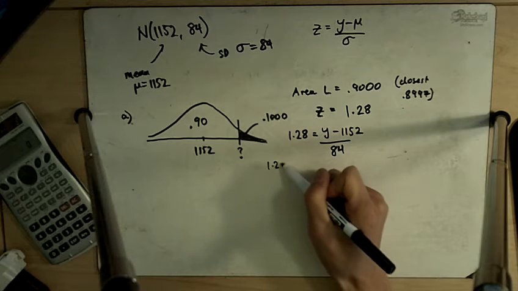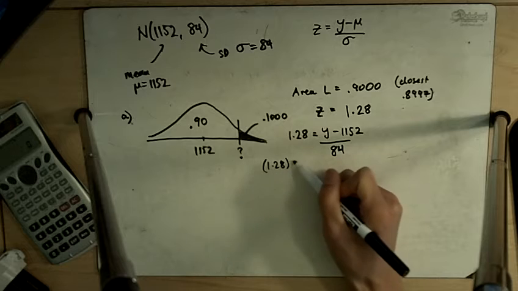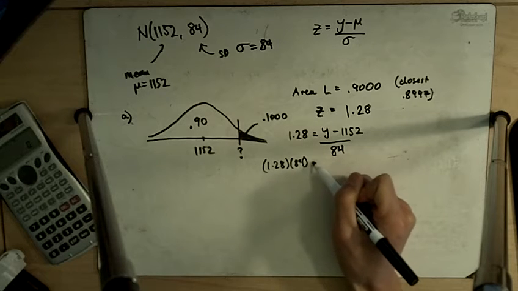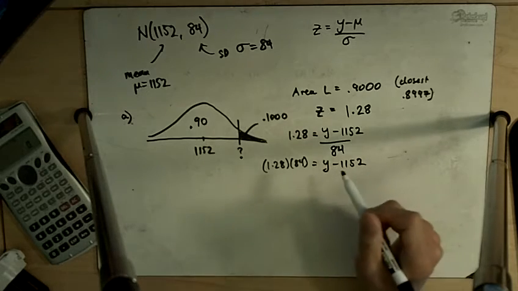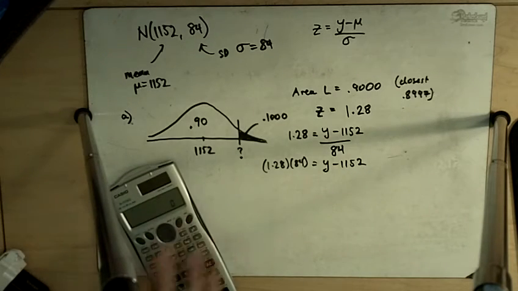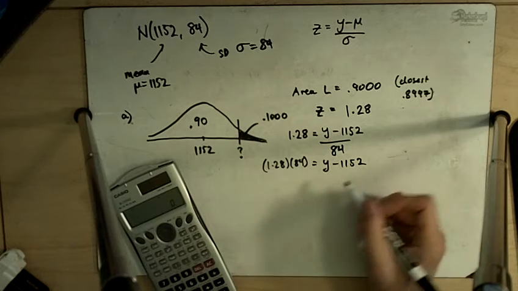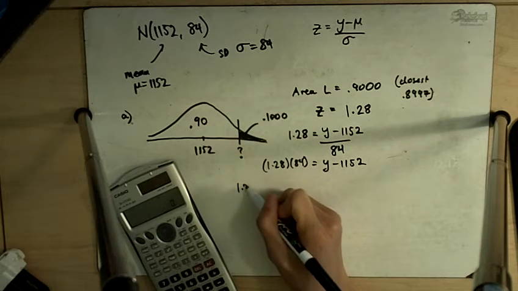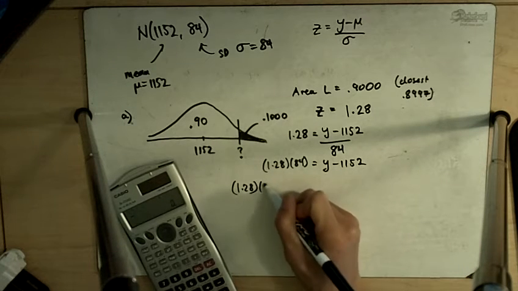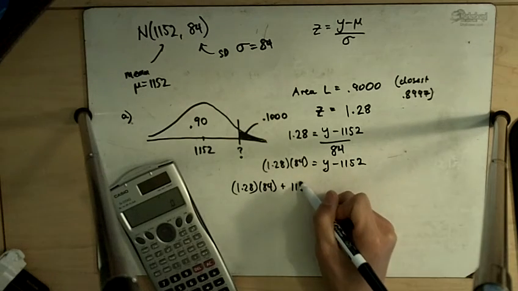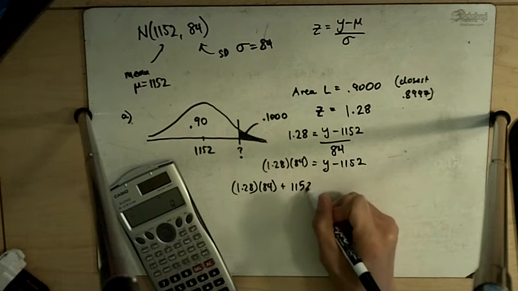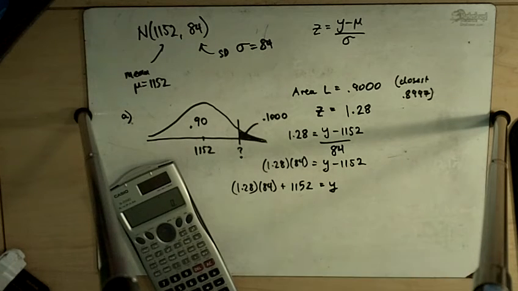We multiply both sides by 84, and then we add 1152 to both sides. So on here we have 1.28 times 84 plus 1152 is equal to y.